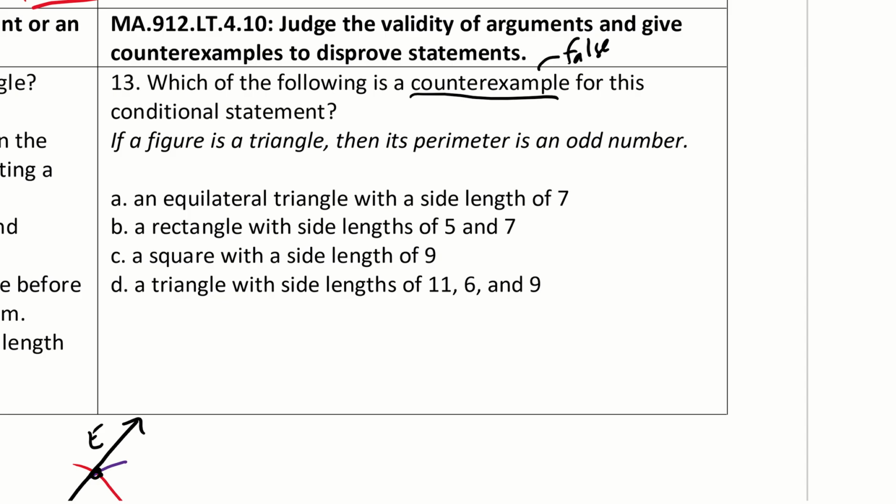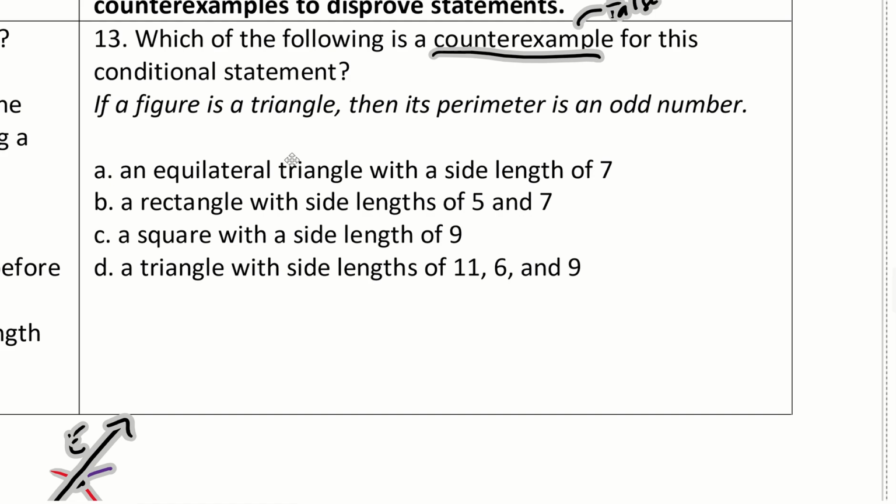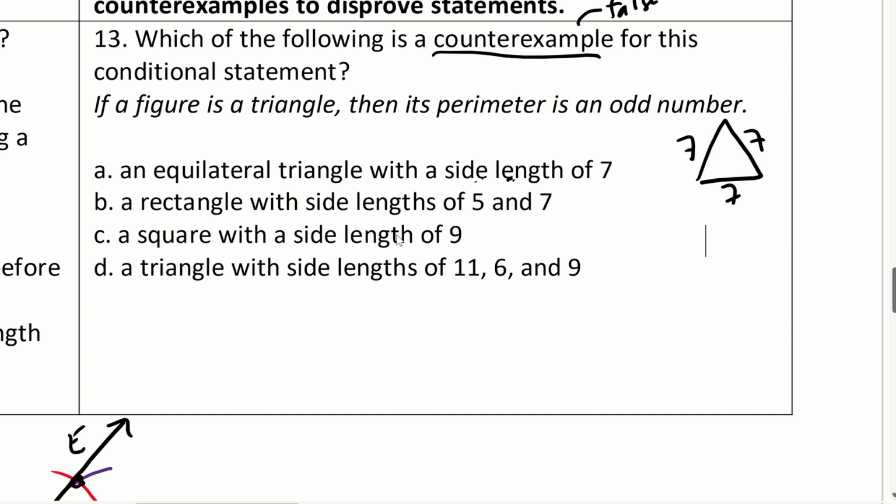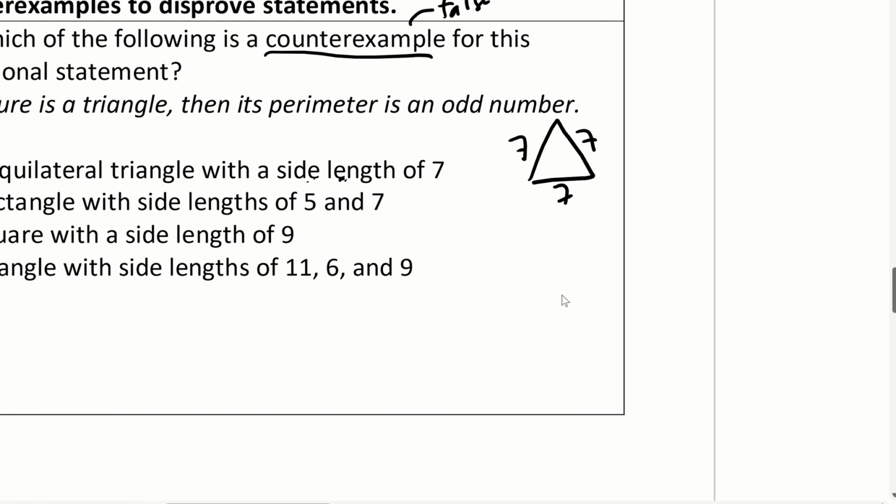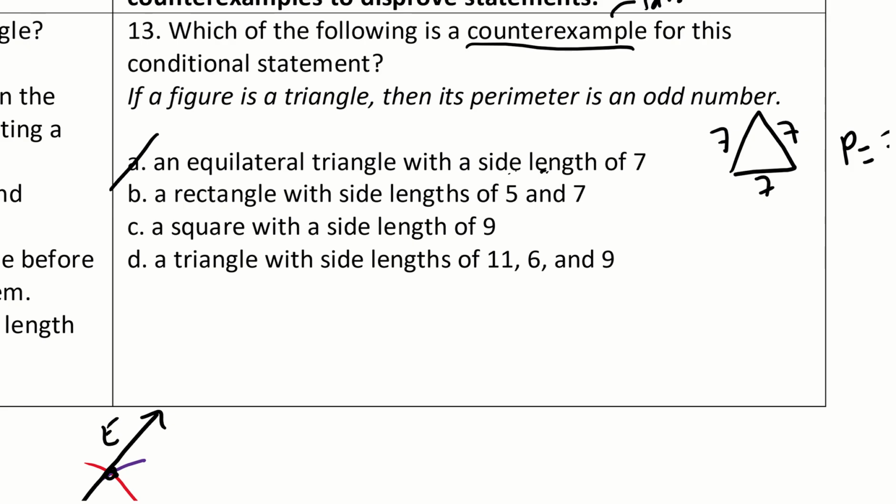Okay? All right, so it says here an equilateral triangle has a side length of 7. Equilateral means all of the sides are the same. So all these sides are 7. So let's see if that's true. The perimeter of this triangle is 7 plus 7 plus 7, which is 21. But that's odd, right? So that doesn't prove this wrong. So this cannot be a counterexample.